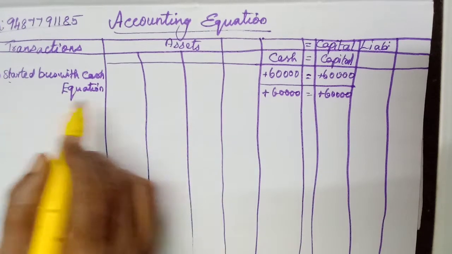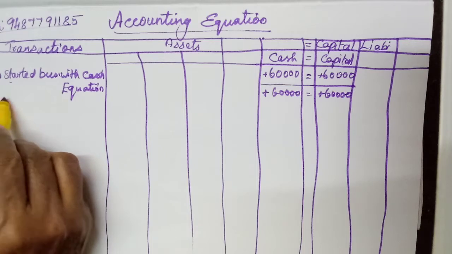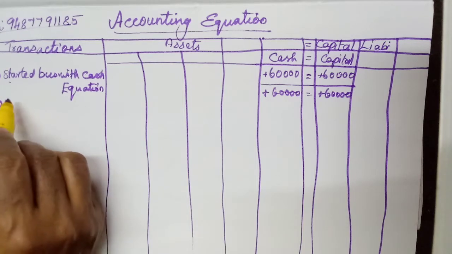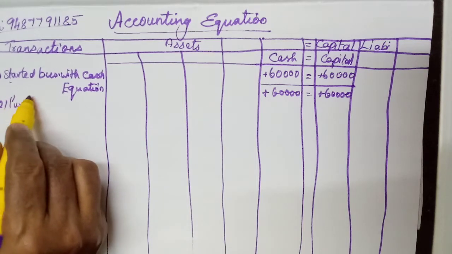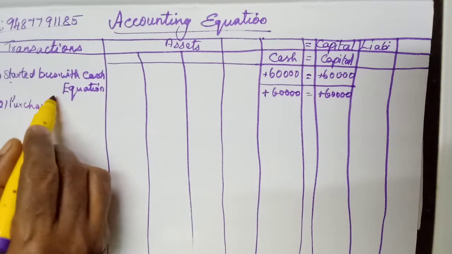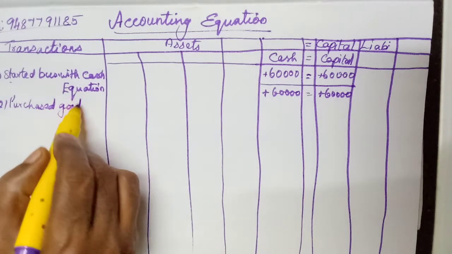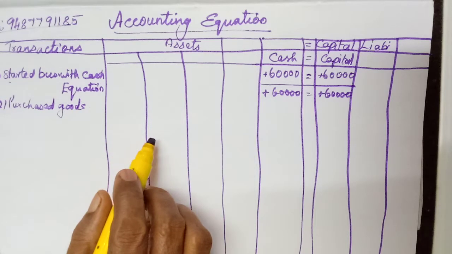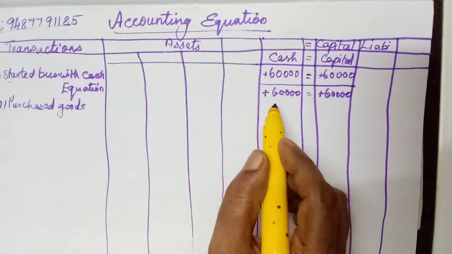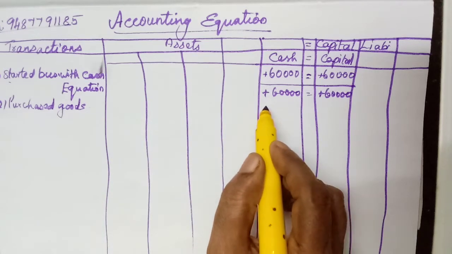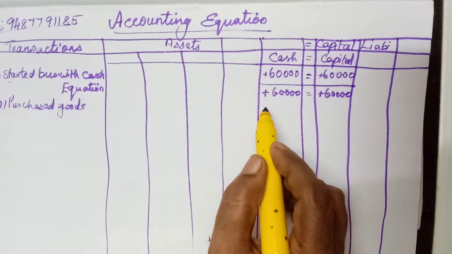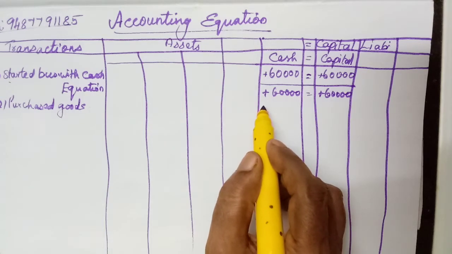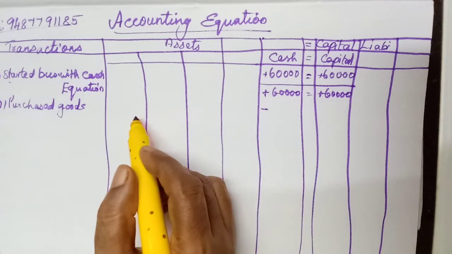Then the second transaction, purchased goods for cash. You can write it fully: purchased goods. How much? 20,000. So it affects cash, isn't it? Cash will get reduced, so we write minus. Then what will increase?